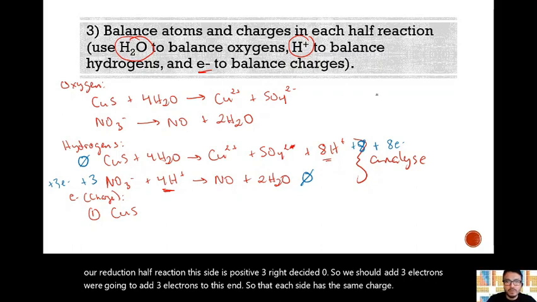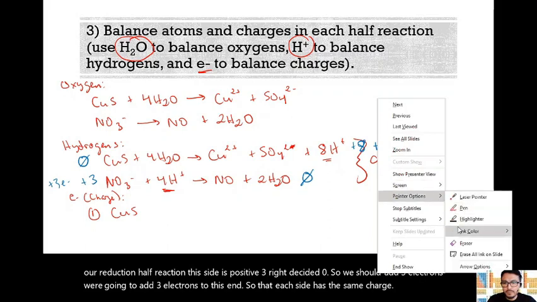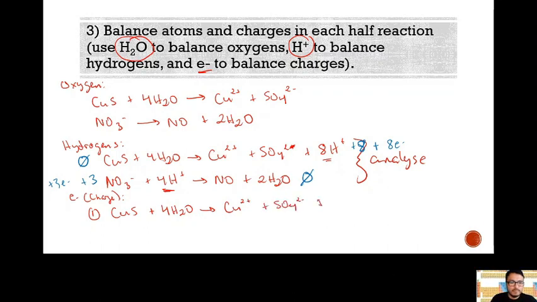Okay, so I'll rewrite that. Okay, so those are those 8 electrons.